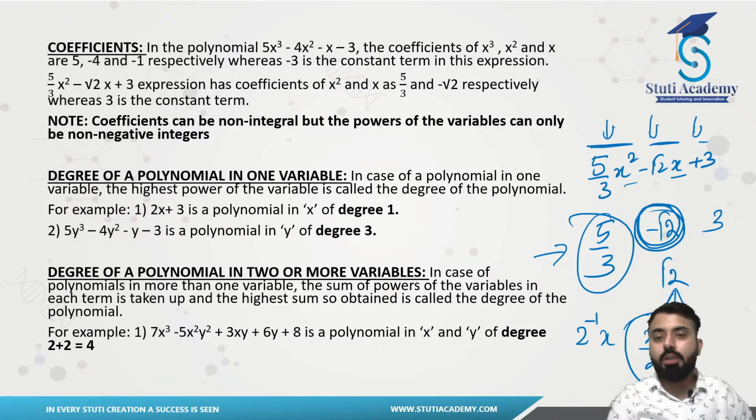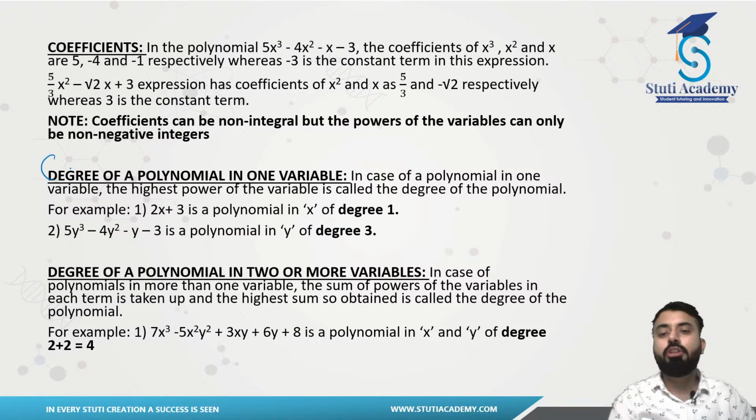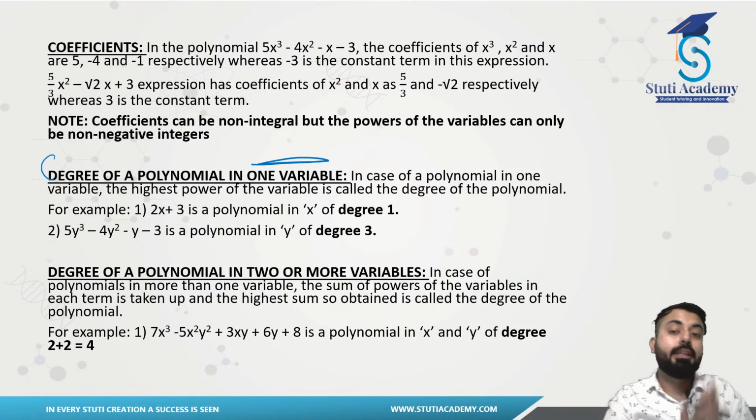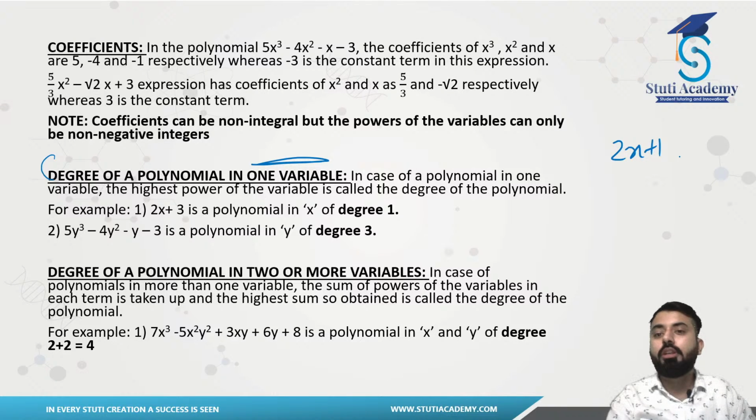Now we are going to come to the concept of degrees. So you see, degrees of polynomials. What is that? If you want to find out the degree of a polynomial in one variable, always remember degree is actually the maximum power that the given algebraic expression has. Now if you look at this one, we have 2x plus 1. This is a linear polynomial, or you can say a polynomial with only one variable. So if I want to find out the degree, the maximum power is 1.